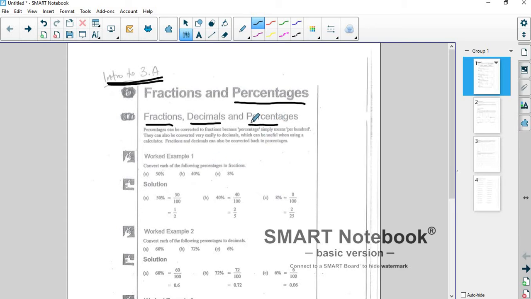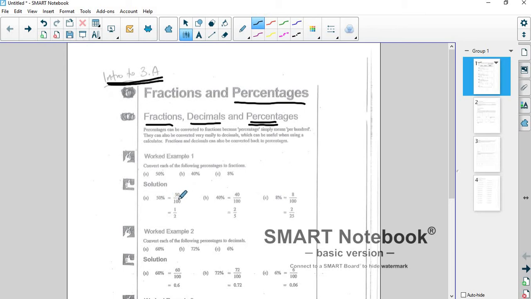Percent is Latin. Percent means out of 100, or divided by 100. So when you've got 50%, if you want to convert it to a decimal or a fraction, you just write the percentage symbol. That symbol, remember we did stuff with units, that symbol's like a unit. And so it means divide by 100, out of 100.